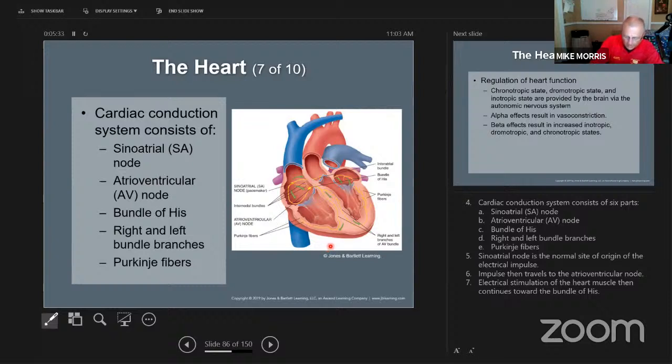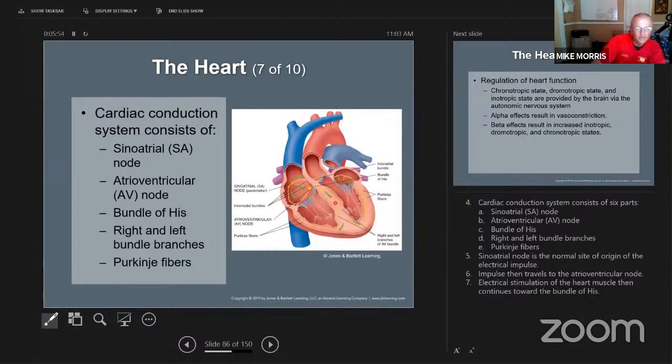When we're talking about chronotropic, and I think about chrono like a timepiece, it's control of the rate of the actual contraction of your ventricles.